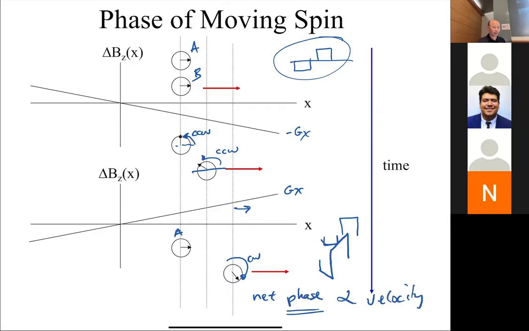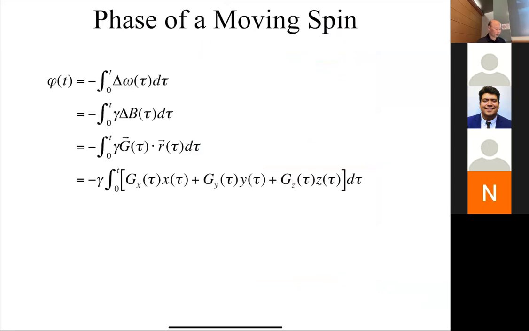Okay. And so this is where the phase of the spins actually becomes a really important piece of information because it's going to tell us what the velocity of the spin is. So remember the phase can be written as the integral of the change in frequency. Okay. And that's related to gamma times the delta field. And that's just given by the dot product of the gradient and the position vector. Okay.